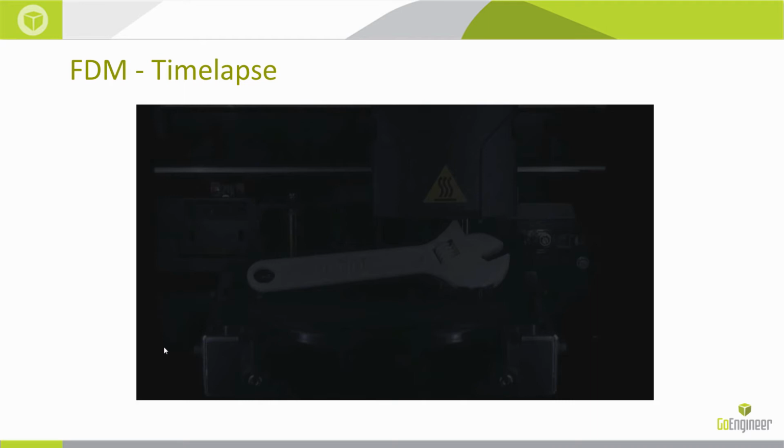Those parts right now would not move because everything's kind of fused together with that support material. But once we dissolve that support material away, we can actually have 2 parts that move in relationship to each other and no assembly required. This wrench, judging by the machine that it's in, it's about an 8-inch long wrench. That print would probably take about an hour and a half to give you an idea of the time.